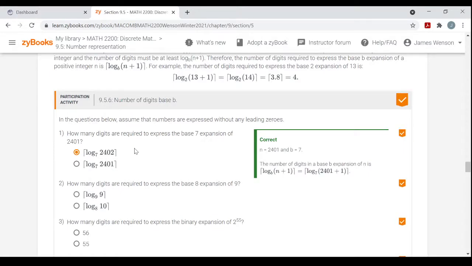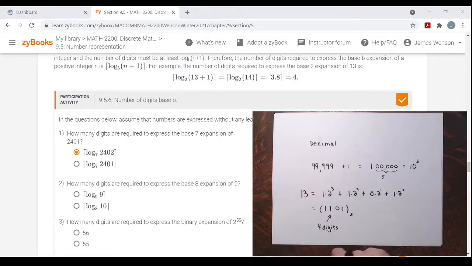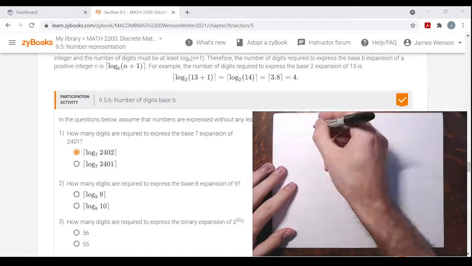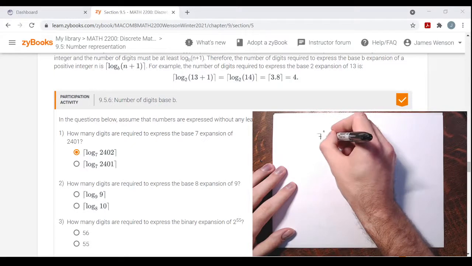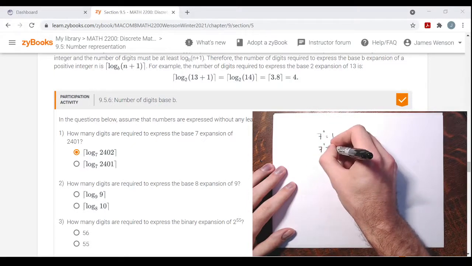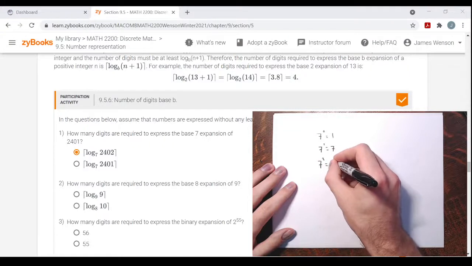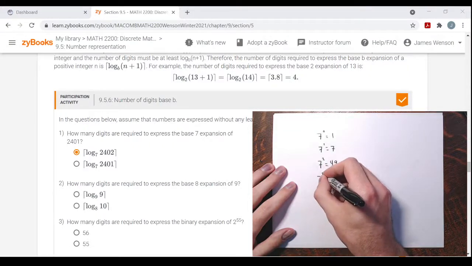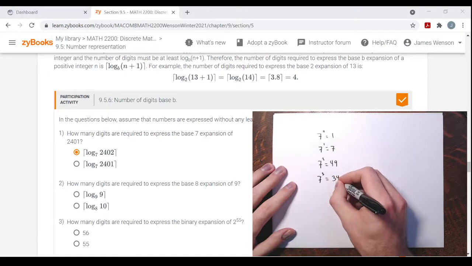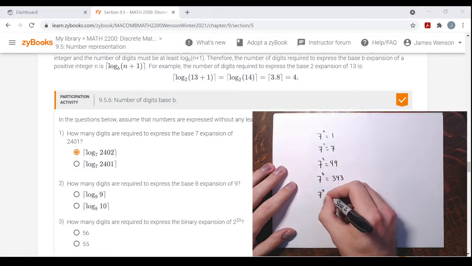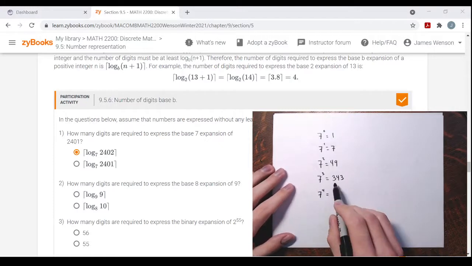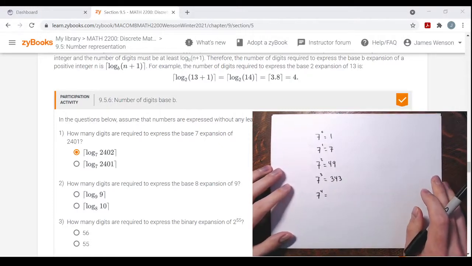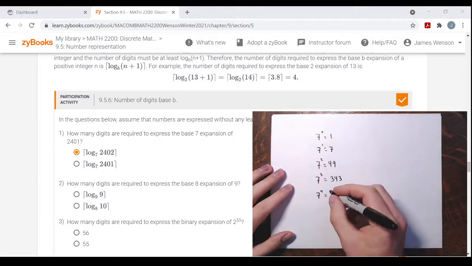Alright, let's see what that is. Now, I'll pull up paper here. Now if we look at the powers of 7, right, 7 to the 0 is 1, 7 to the first is 7, 7 squared is 49, 7 cubed, 280 plus 63, 343, 7 to the fourth is 2110 plus 280, 2380, 2401.